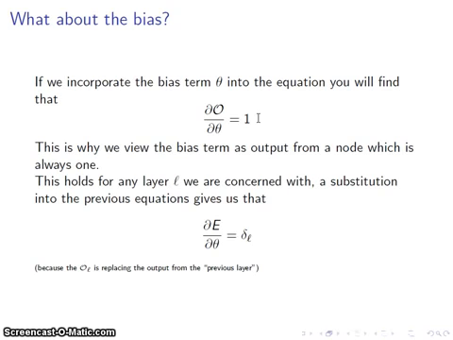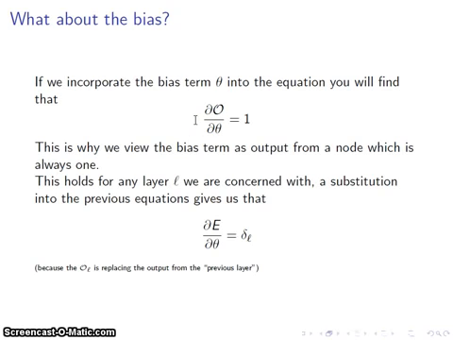It's very trivial, but it turns out that this is just 1. And this is actually why a lot of people choose to view the bias term as an output from a node which is connected to the node we're concerned with, which always outputs just 1 all the time. And you're free to move this around as such. Okay.